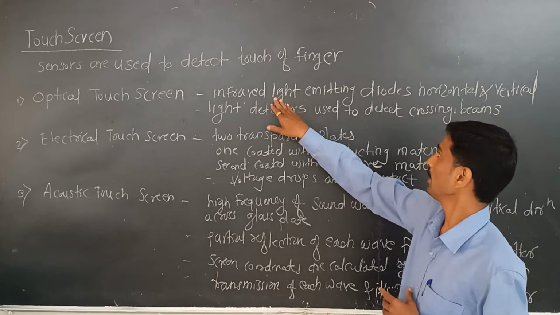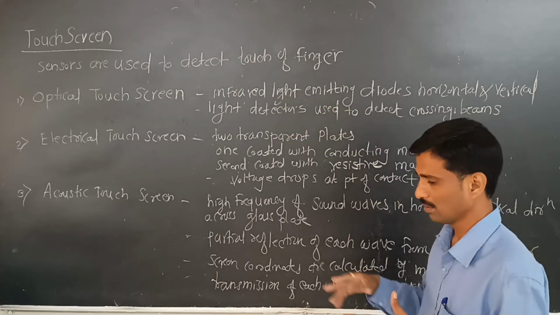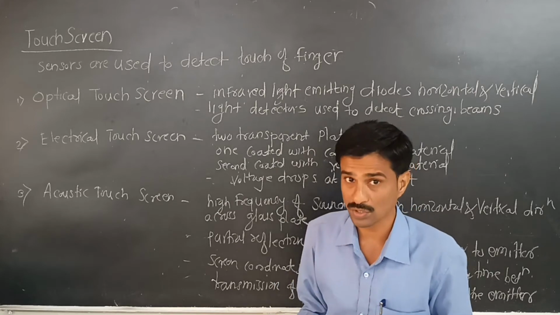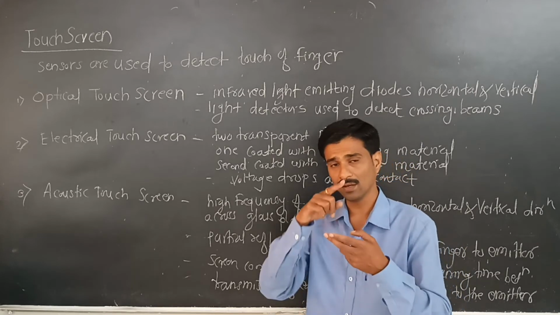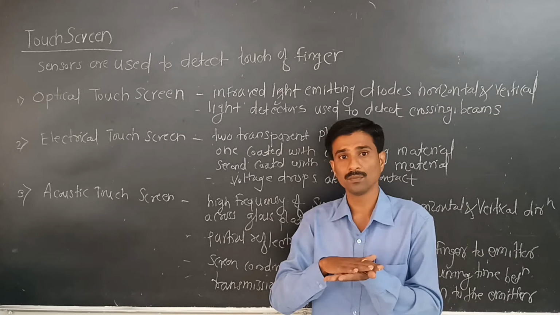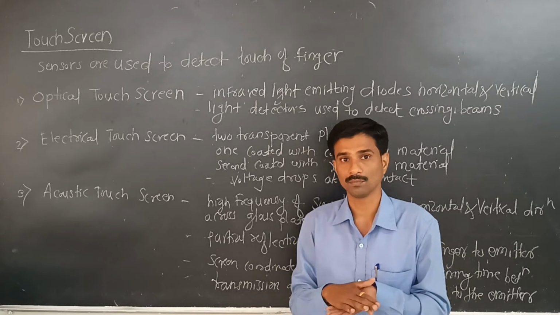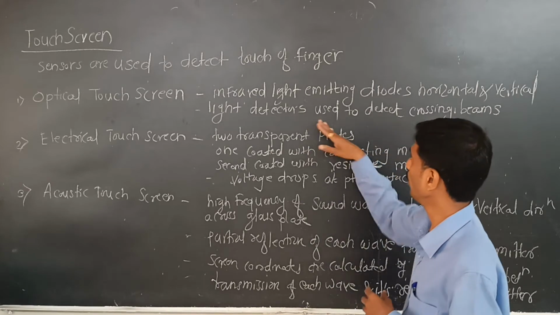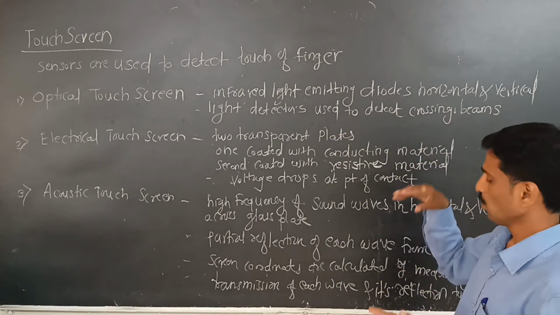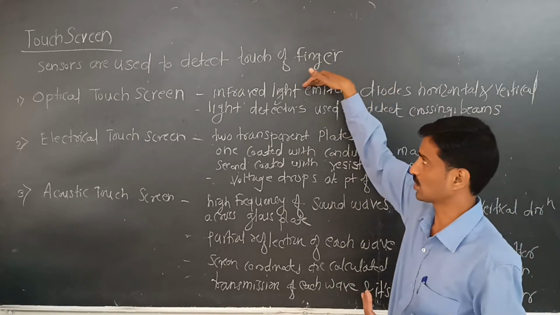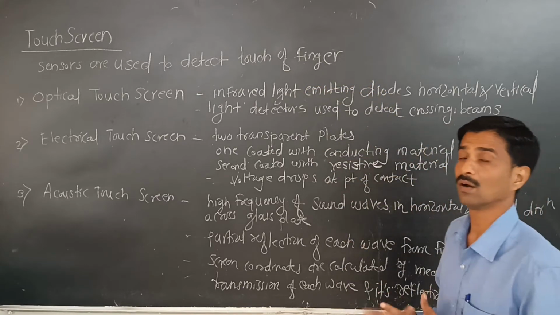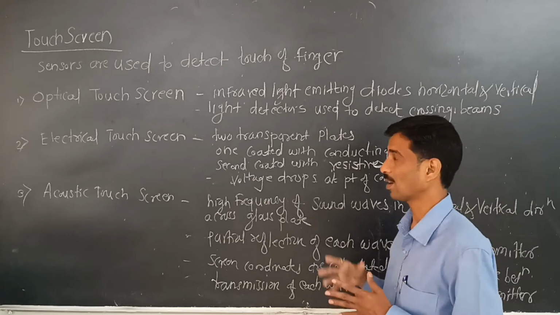There is a panel of horizontal and vertical electrodes, and they are placed perpendicular to each other. And when we make a touch on that screen, the light detectors are present.